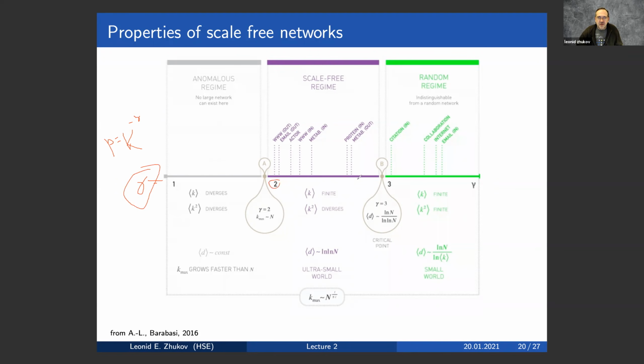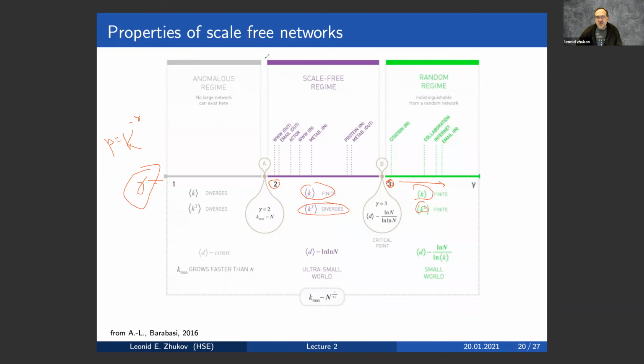And this is 2, this is 3, those magic numbers. Remember that we saw in our computations that you need to have gamma at least equal to 2 for average k to be finite, but then k squared diverges. And when gamma exceeds 3, in this part, both of them are finite.